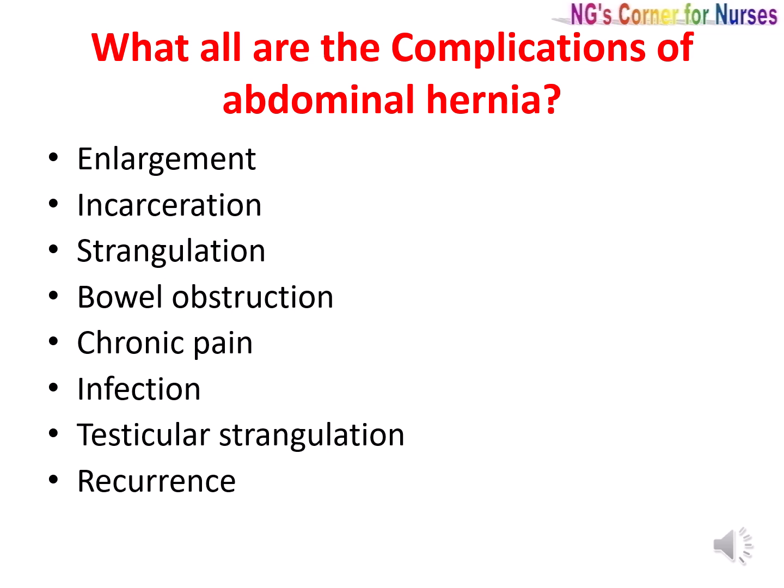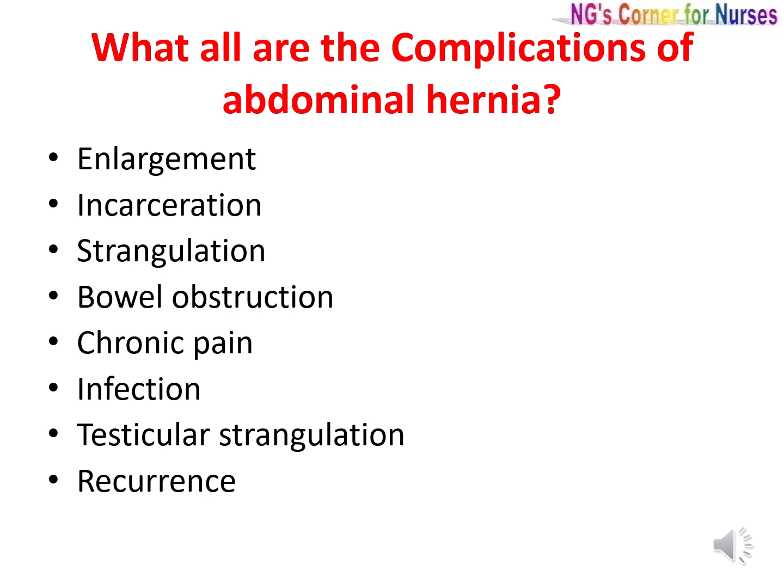Next is bowel obstruction. If part of the small intestine is trapped within the hernia, it can cause a blockage, preventing the passage of stool. And this can cause severe abdominal pain, nausea, and vomiting. Next is chronic pain. Hernias can cause persistent pain in the area of the hernia.